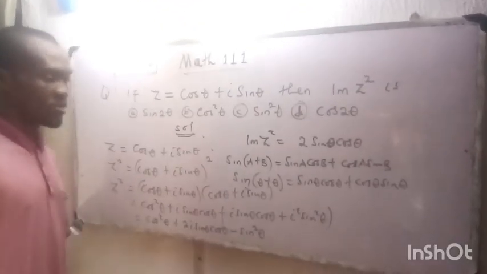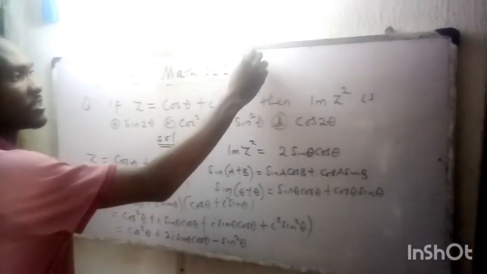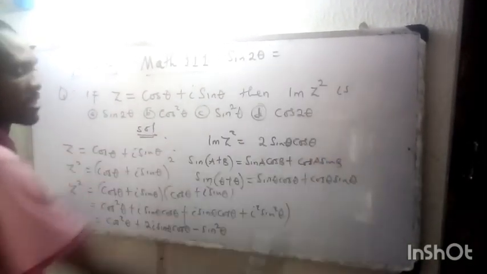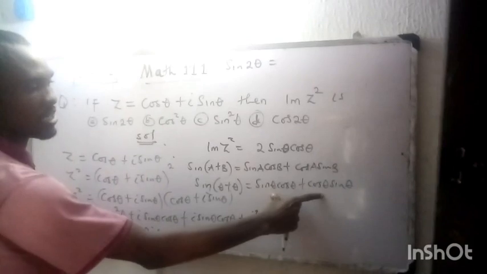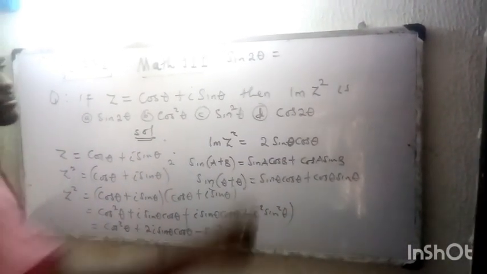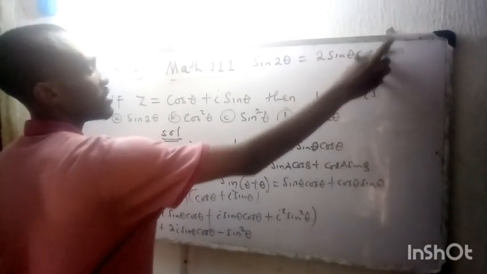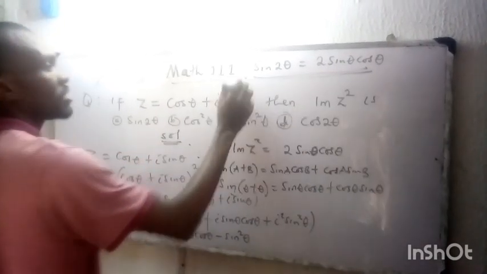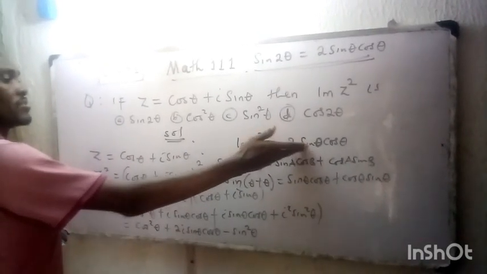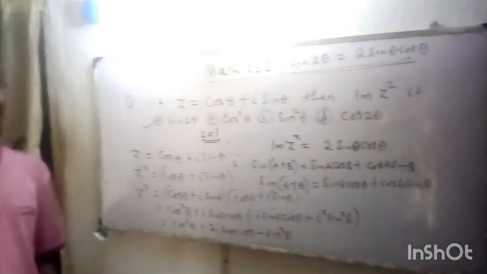So finally, what do we have? Sine theta plus theta is what? Let me finish it here. This is going to give me sine 2 theta, and then you can look at this, they are the same, so you can add both of them, which is going to be 2 sine theta cos theta. So you can see that these two are equal to each other. So the right answer rewriting this expression is going to be our option A.